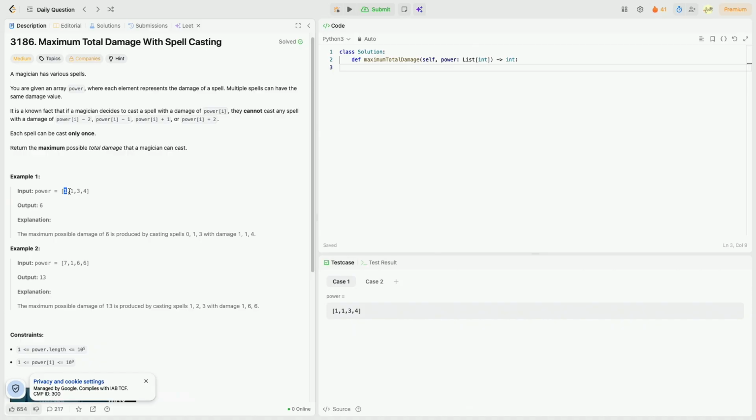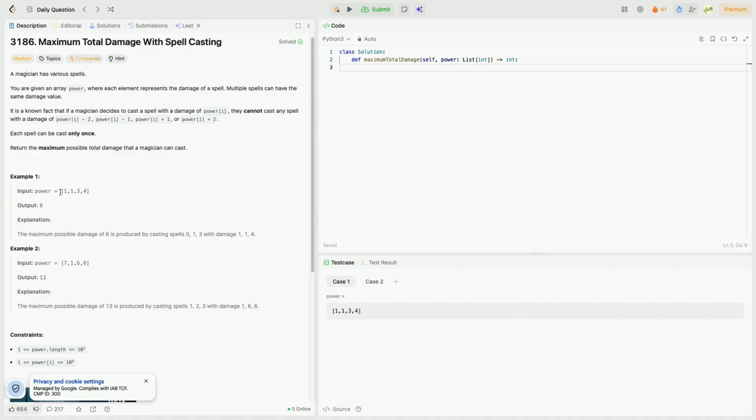And you can see here that the spell at position 0 and at position 1 have the same power. And the rule was that if we pick index i as our spell to cast, then we cannot cast the spells that have a power value between minus 2 and plus 2 of whatever the power value was of the spell that we just cast.